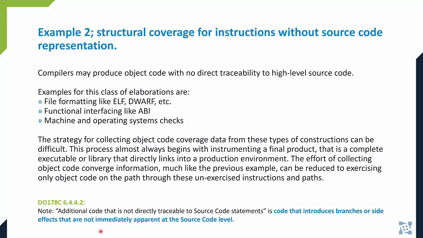The executable is instrumented and then run in a standard environment and exercised in order to send it down a path appropriate for exercising the deficient piece of structural assembly that we need coverage for. And then a note from DO-178C: code that introduces branches whose side effects are not immediately apparent at the source code level is part of the request. So this is what we're looking at specifically.